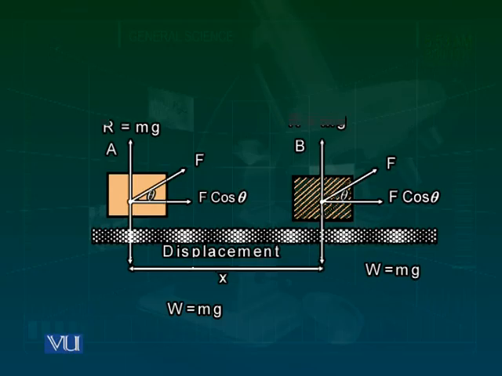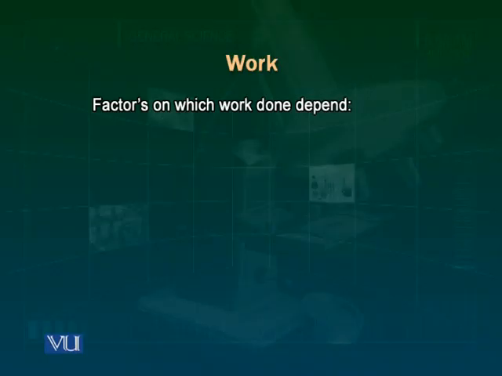So F cos theta is the force which I'm going to use for finding out the amount of useful work which I have done, because I might have applied a force which is larger than F cos theta, but for our purposes, we are going to look at only the useful work which is done, or the force in the direction of the displacement.